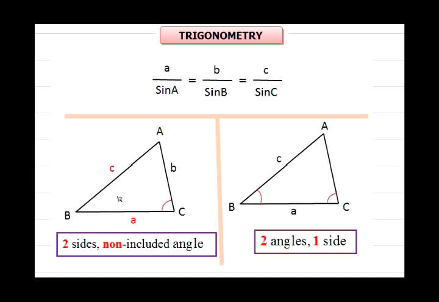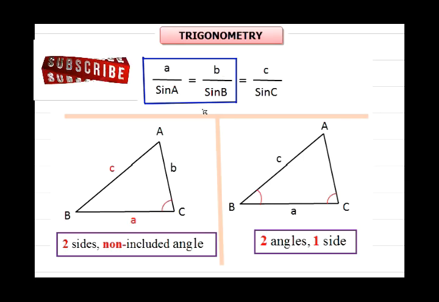Out of the four, you need 3 items to solve for the fourth one. Let me draw it out. You solve for these two, or you solve for this and this.